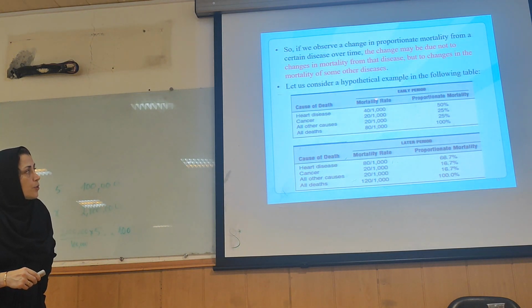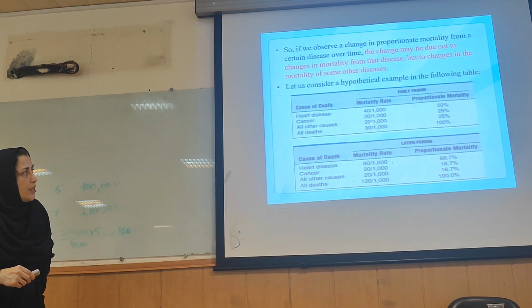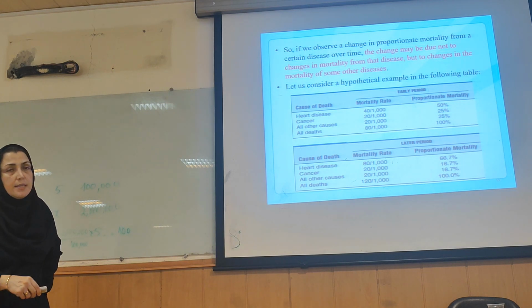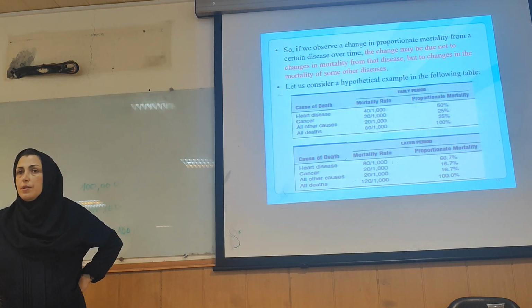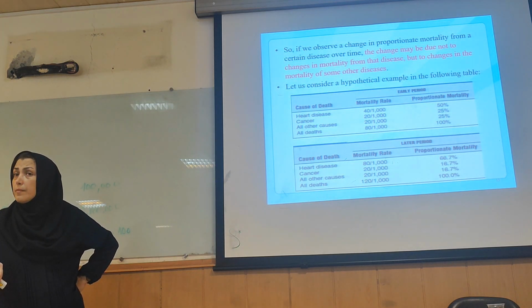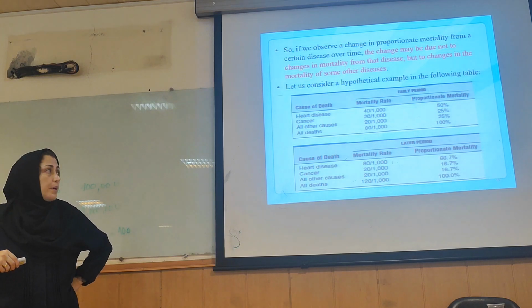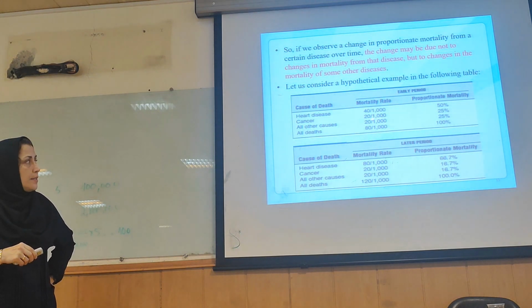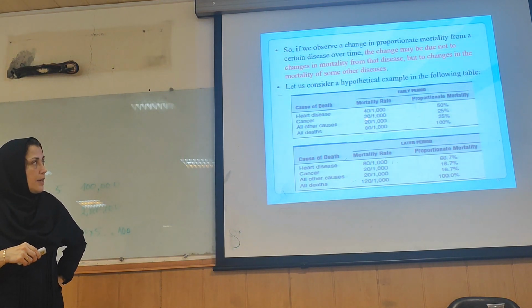Although the mortality rates from cancer and from all other causes have not changed, you can see that the proportionate mortality has changed. Why? Because the heart disease changed. Very good. Because all of them are related to each other.